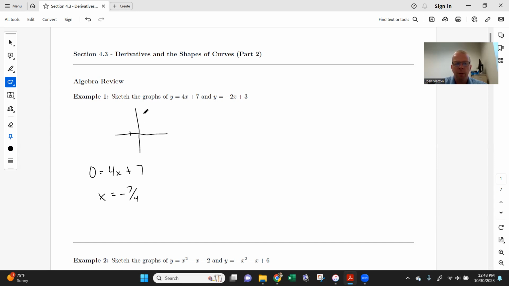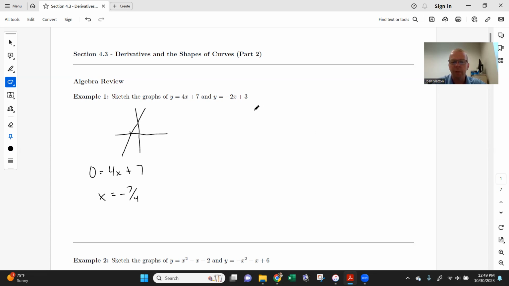So we'll put that there, positive slope, and the graph looks like that. What we're interested in for this section is that the function is negative from negative infinity to negative 7/4, and then positive from negative 7/4 to infinity. That's really all we're worried about. We don't care about the y-intercept at all.